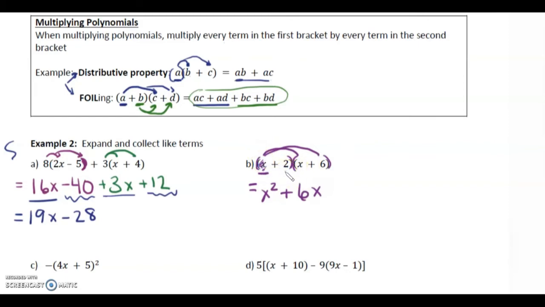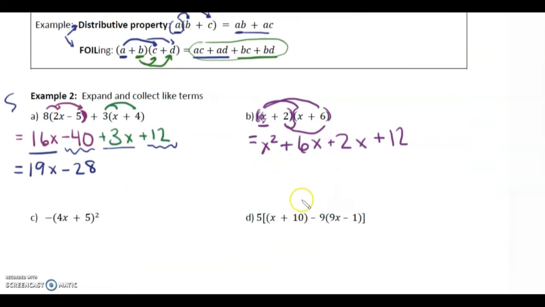Now we can focus on the 2. 2 times x is 2x, and 2 times 6 is 12. Okay, so we get x squared. We're going to collect these two like terms in the middle, plus 8x plus 12.